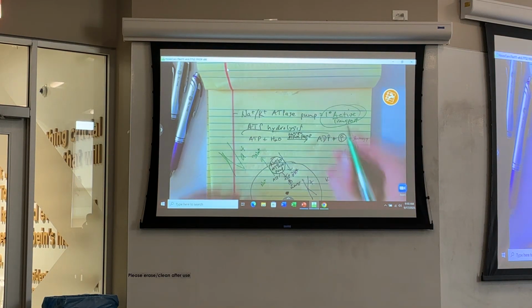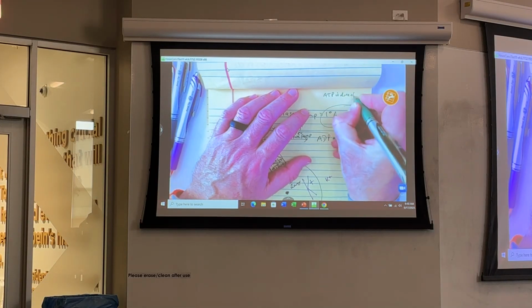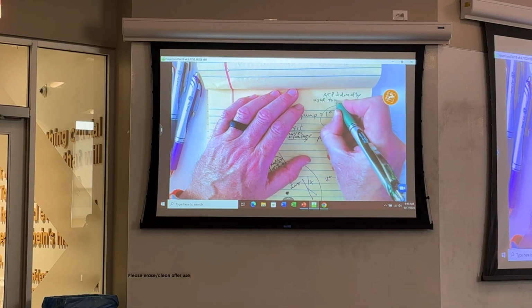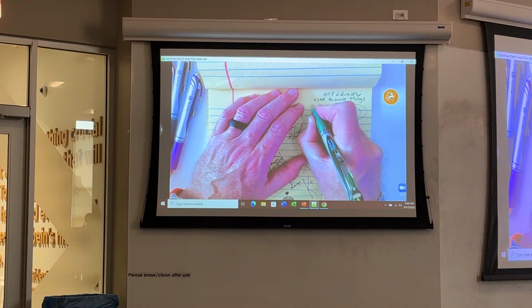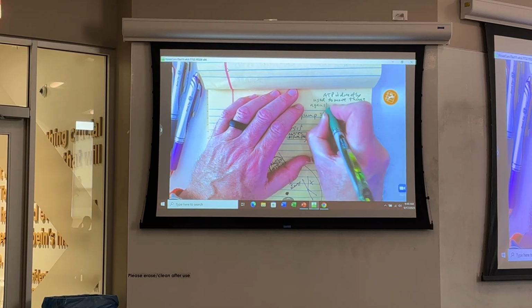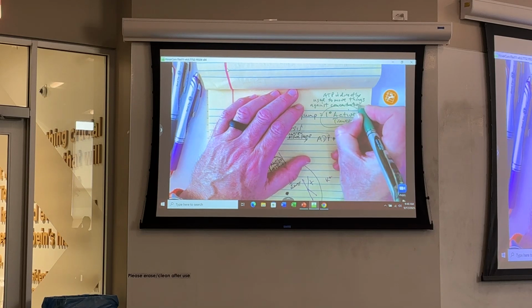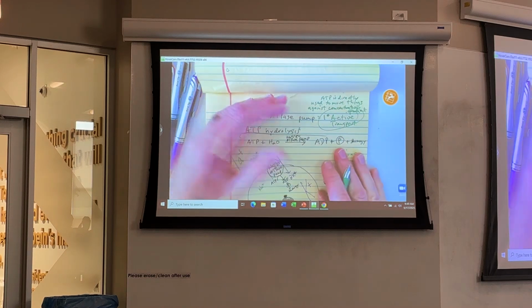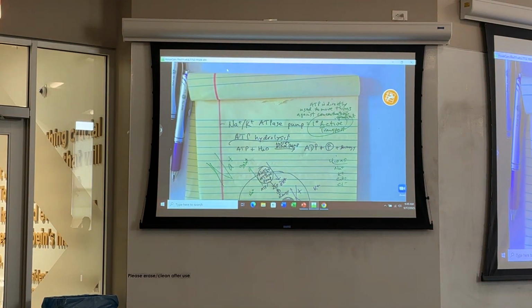All right, so ATP is directly used. In primary active transport, ATP is directly used to move things against its concentration gradient.